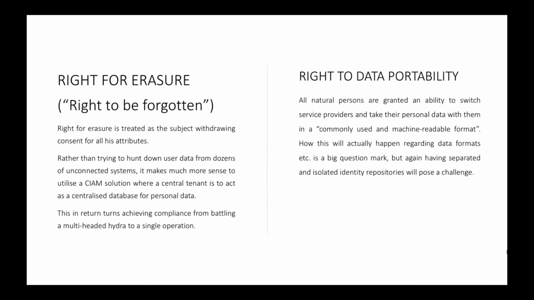And here it's quite critical that rather than trying to hunt down personal information from dozens of unconnected systems and backups and log servers, it makes much more sense to utilize a centralized IAM solution where a central tenant acts as a centralized database for all protected personal data.